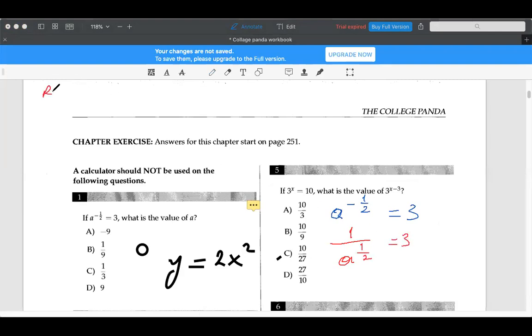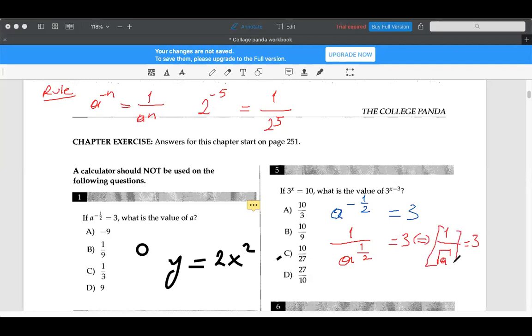The rule: we know that A to the power of negative n is equal to 1 over A to the power of n. For example, 2 to the power of negative 5 is 1 over 2 to the power of 5. And then I can say 1 over radical A is equal to 3, since the power 1 over 2 means the square root.